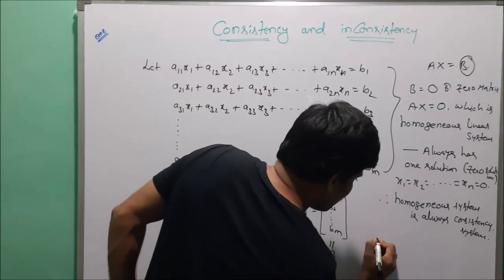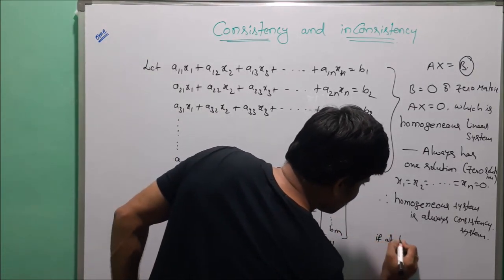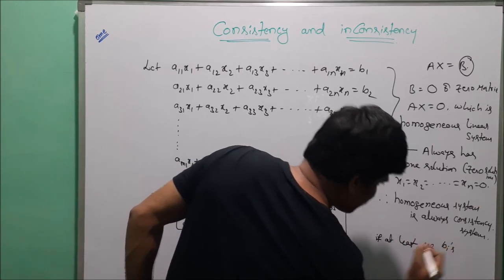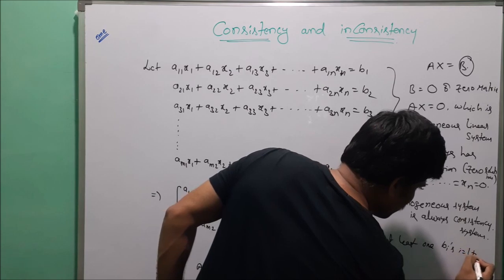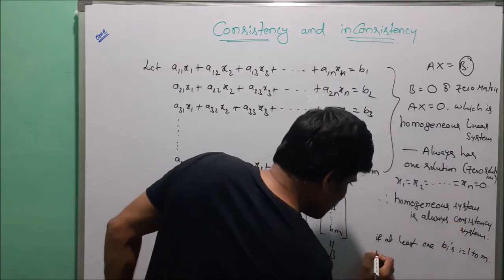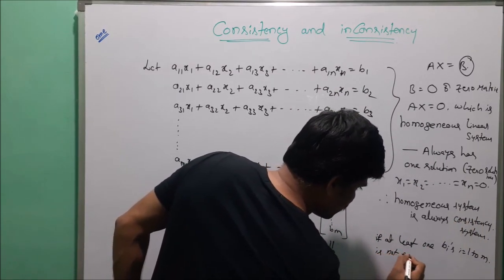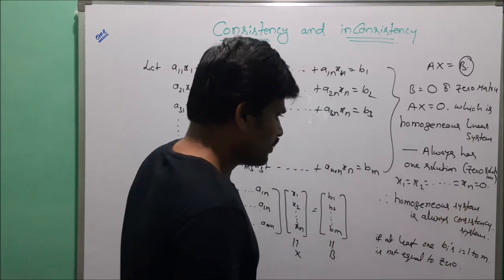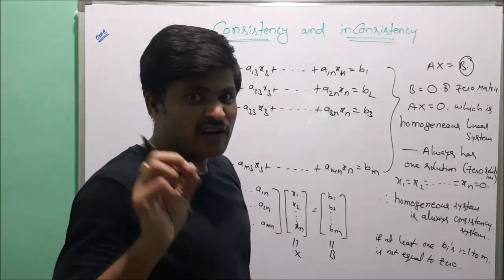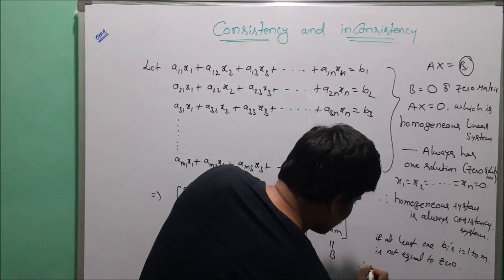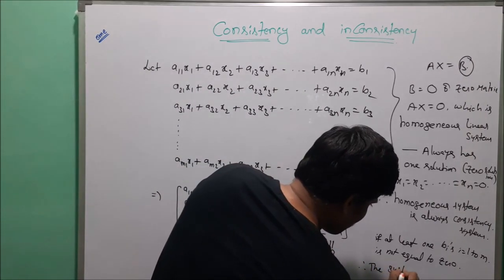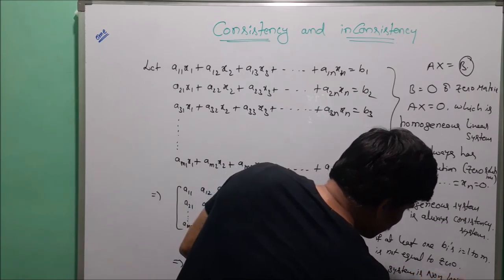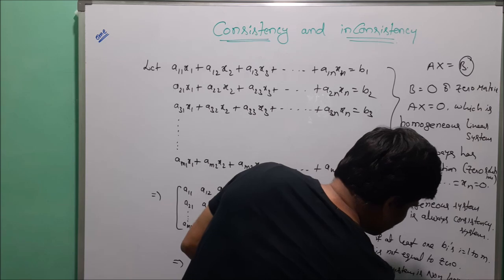Here, if at least one bi, i equals 1 to m, is not equal to 0, then that system is called a non-homogeneous system.